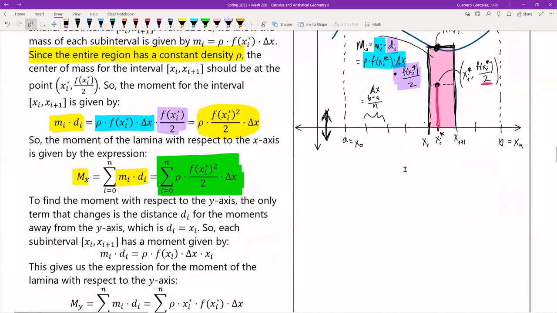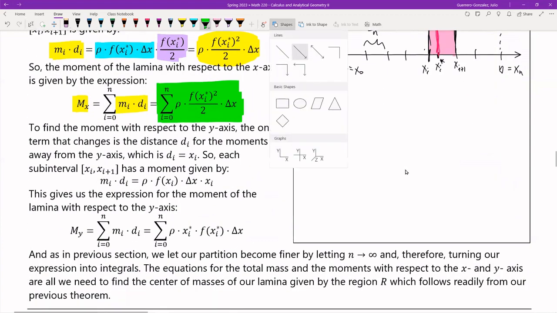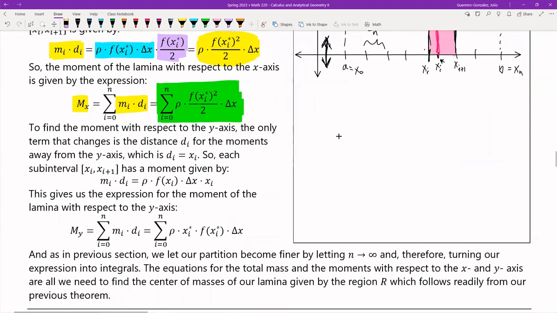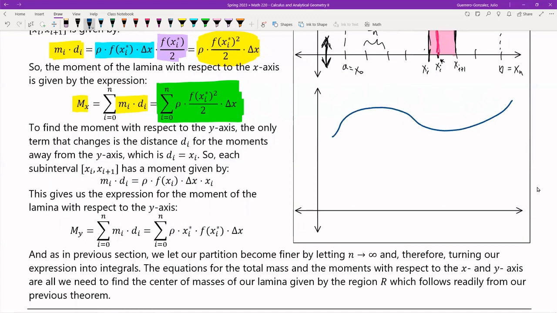Okay, there's one last one to go, and that is the moment with respect to the y-axis. So again, I'm going to slap an x and a y-axis down. I'm going to do my same shapes as before. I'm going to draw my f of x, and I want it from a to b.